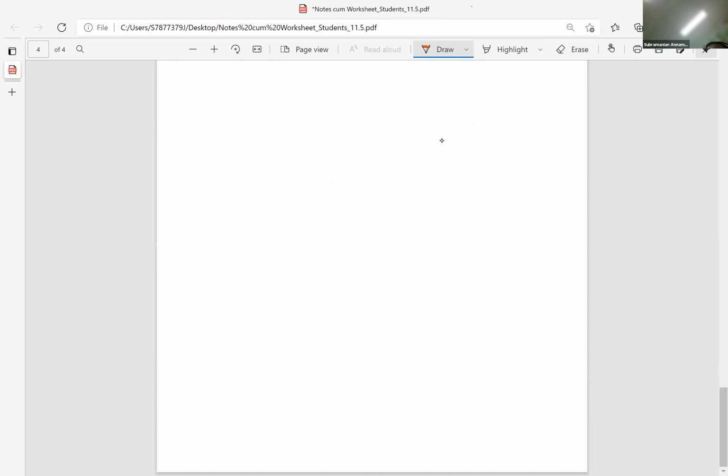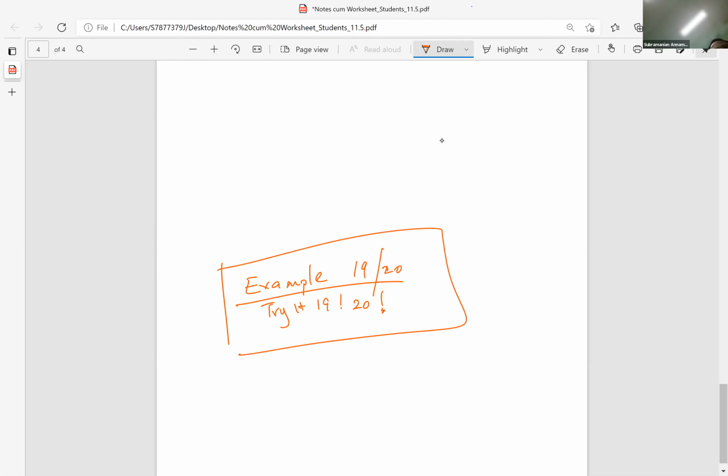If you can, look through example 19 and then do the try it 19. Is there another one more? Example 20, then look at example 20. These two examples are good enough. Can?